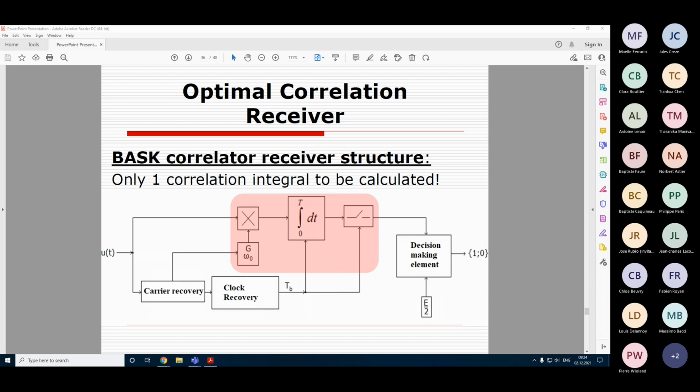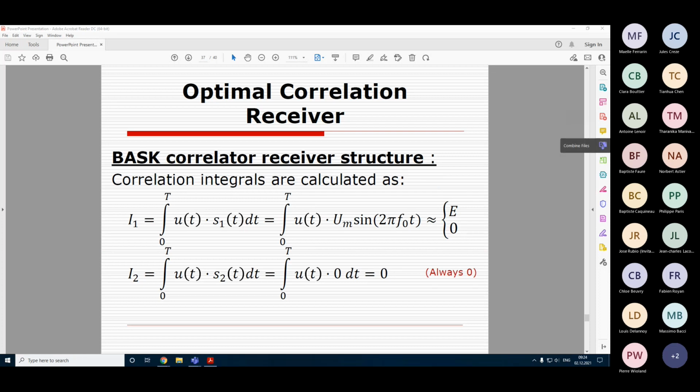As I said, we only need one correlator integral, and this correlation integral, depending on what signal it is, can give different results.